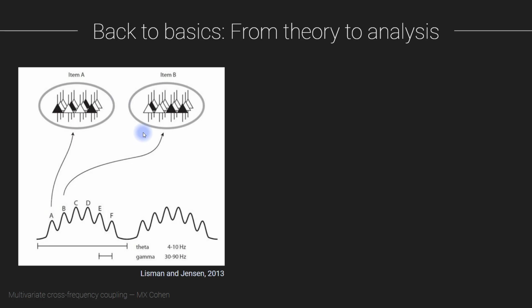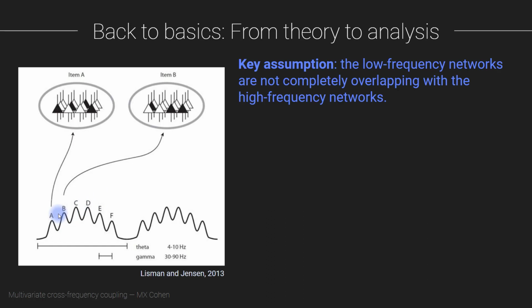So again, the idea of cross-frequency coupling in the brain is that there is some network that's oscillating at some slower frequency, let's say theta, and that network oscillating at a slower frequency is regulating the activity at faster frequencies, and those should be in different networks. So that's my key assumption that I'm starting from.